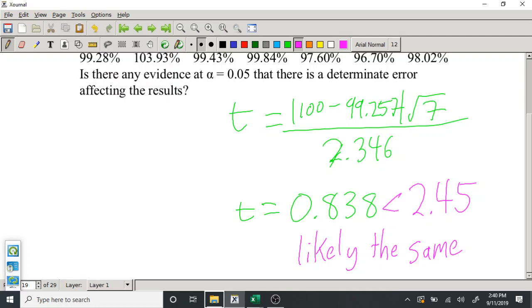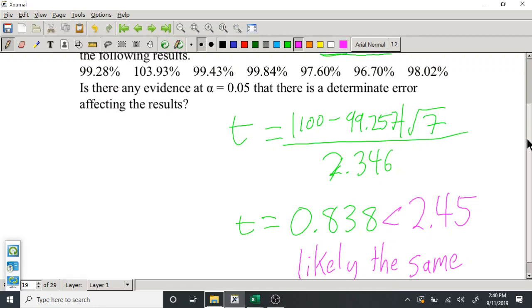Now here's a question. What do you notice about this data? It's in percentages, but look more carefully at it. Is there a serious outlier here? Yeah, the 103 is a significant outlier. And so one of the other things that you have to evaluate as you look at this data is that there's quite a bit of variance here.